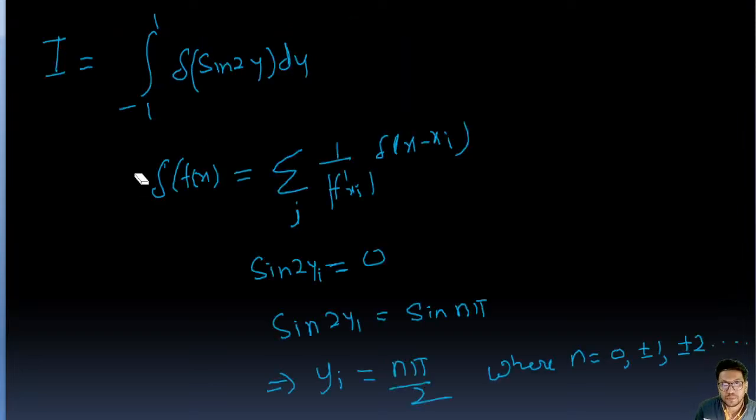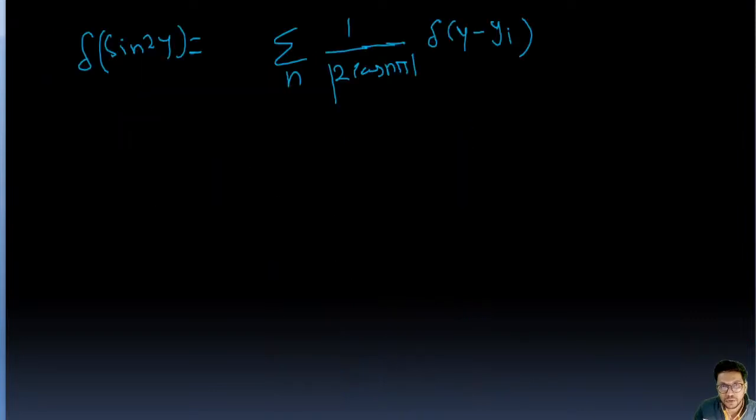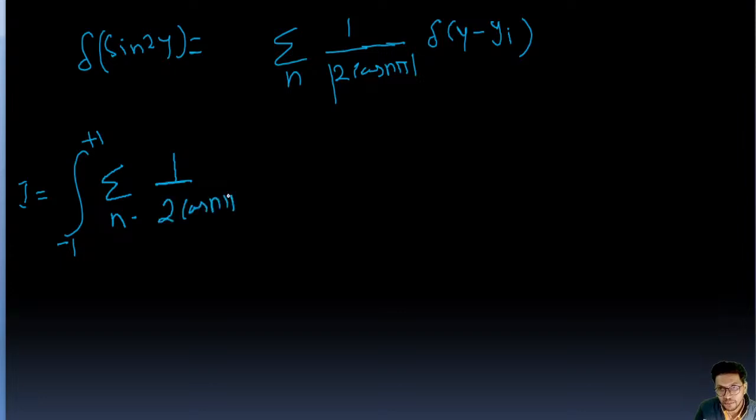Now we'll put the value here, right? This integration, I equals integration from minus 1 to plus 1, and the value of this delta sine 2y is going to be sigma n into 1 upon 2 cos n pi mod, delta y minus yi dy.